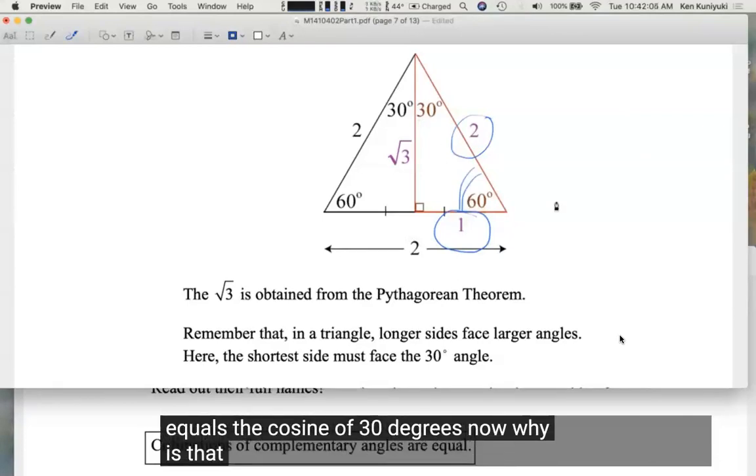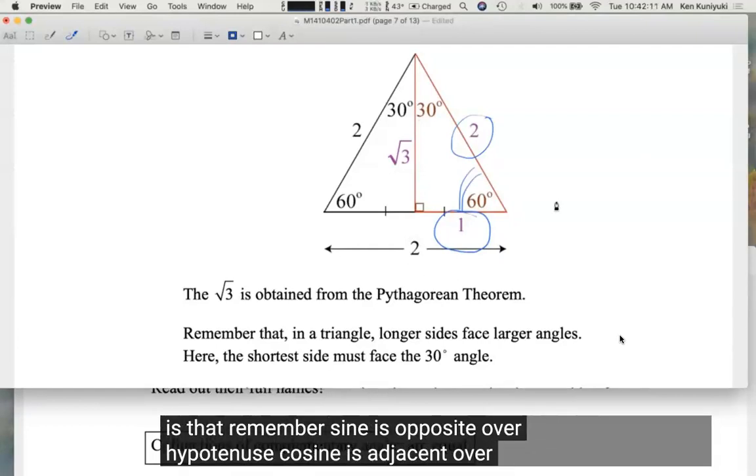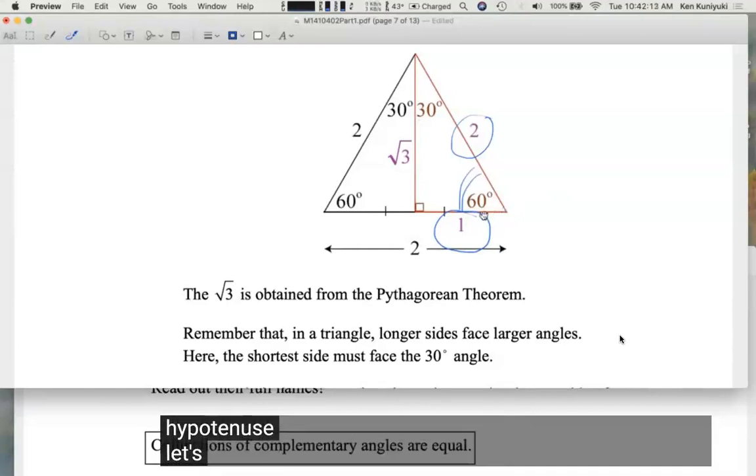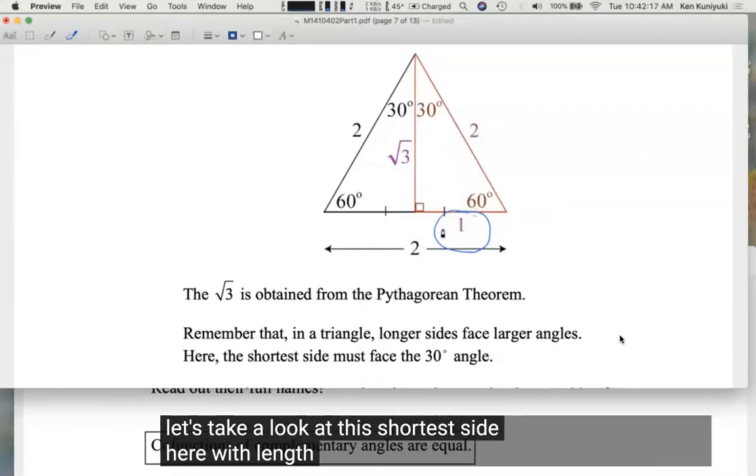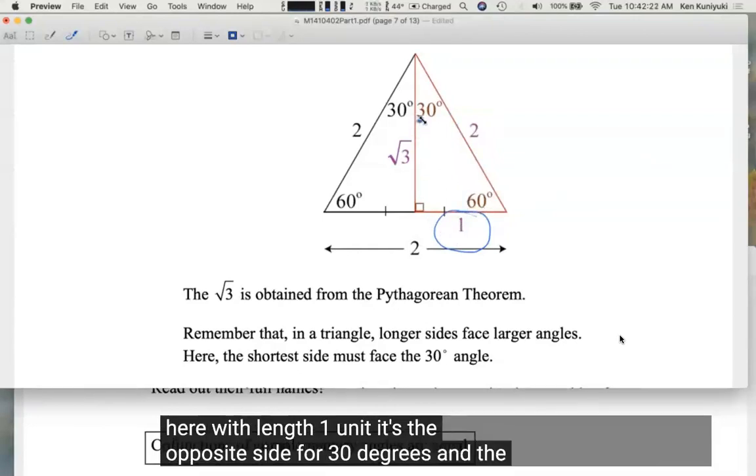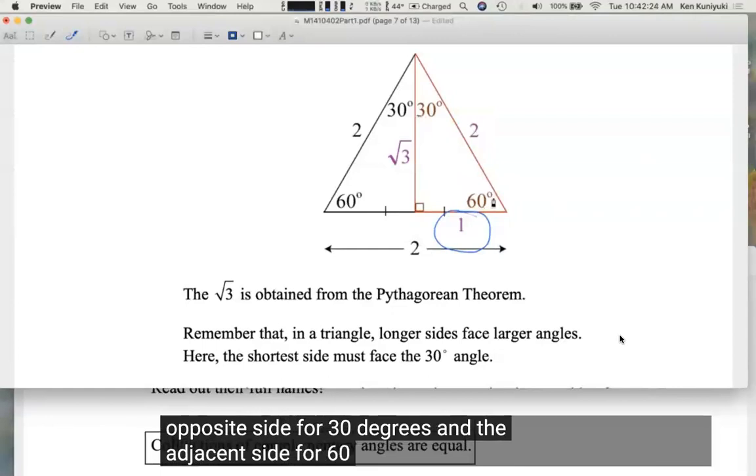Now, why is that? Remember, sine is opposite over hypotenuse. Cosine is adjacent over hypotenuse. Let's take a look at this shortest side here with length 1 unit. It's the opposite side for 30 degrees and the adjacent side for 60 degrees.